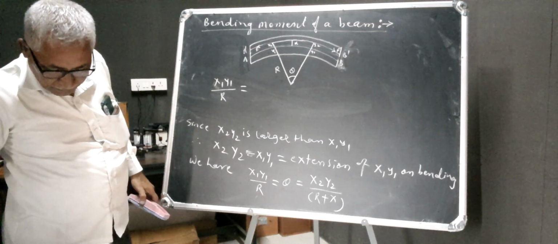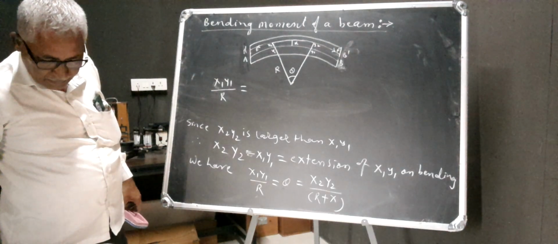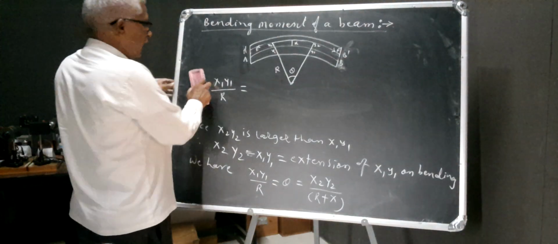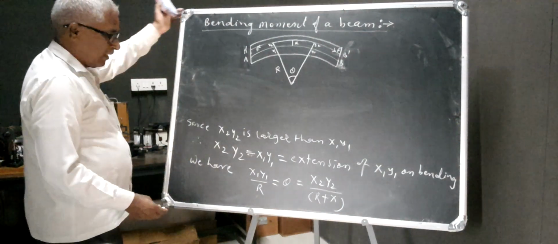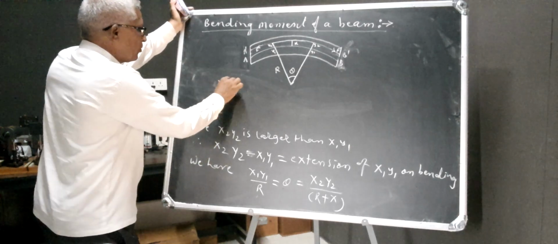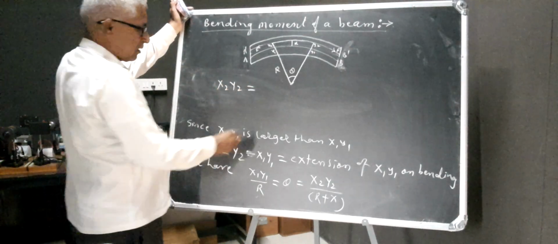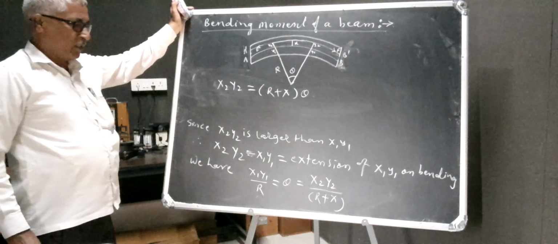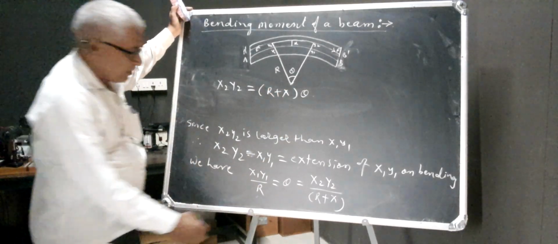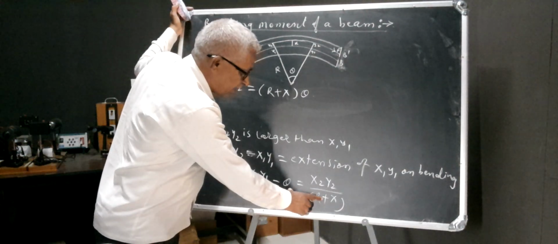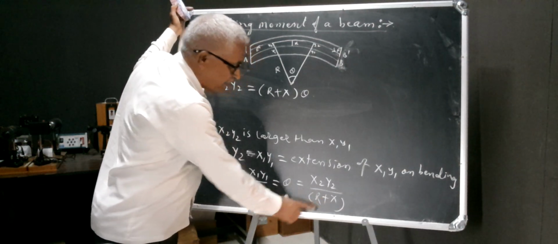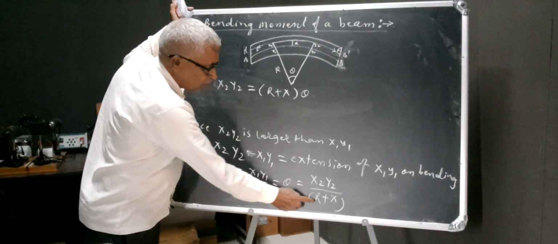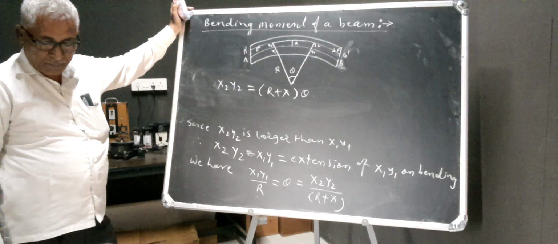By cross multiplying we can write x2 y2 equals r plus x into theta. This is the right hand side, which we have multiplied by theta to this r plus x.